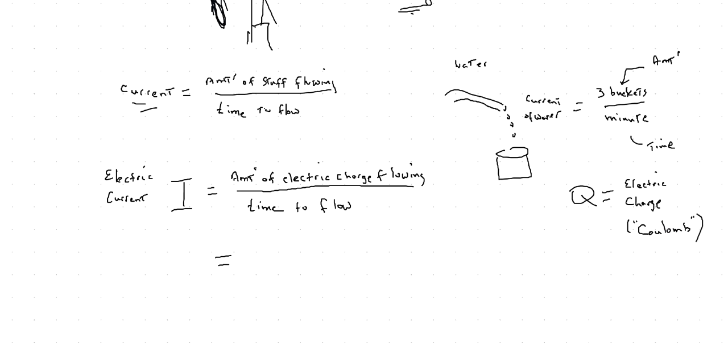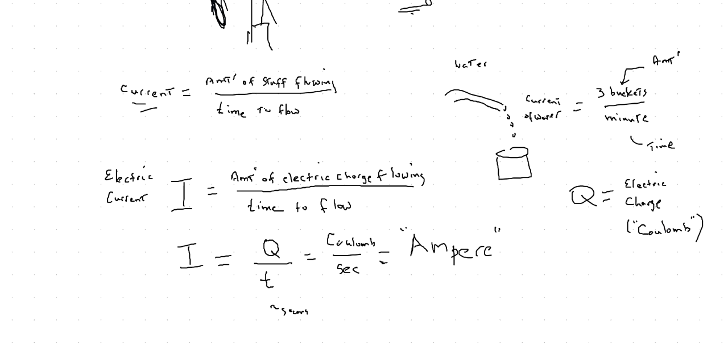The amount of electric charge flowing is Q. The time is T. So this is usually measured in seconds. So Coulomb per second is the unit of electric current, I. And this unit is called, you might have heard of it, an ampere, amps. So what is an ampere? It's how much electric charge is flowing in a given time.